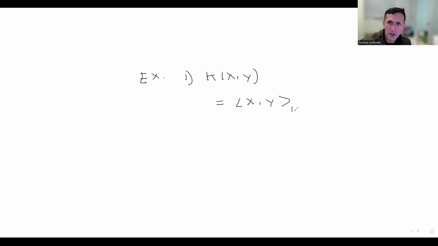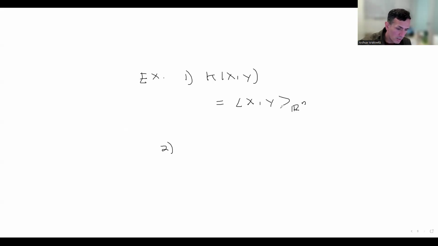More generally, it could be Cn, but big N is reserved for the number of data points. So this is called the linear kernel, and we'll see why this is extremely useful in real life versus more general kernels.